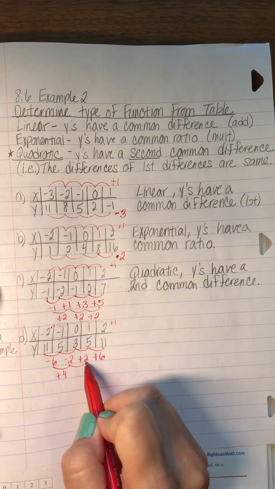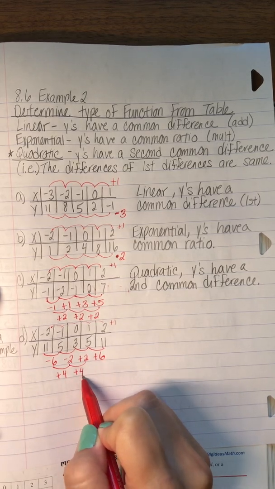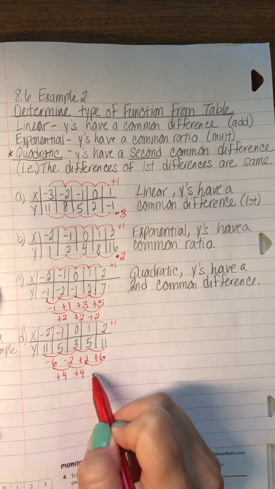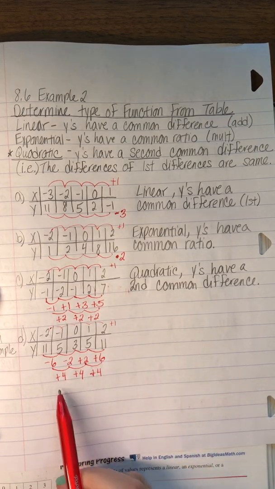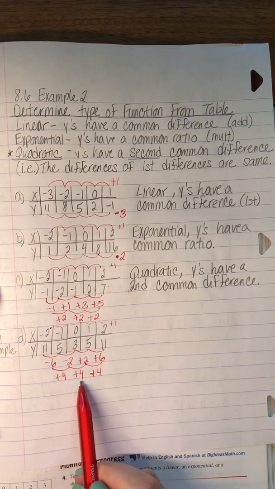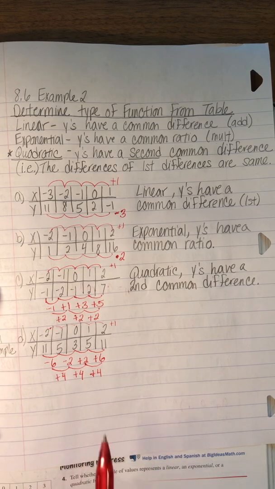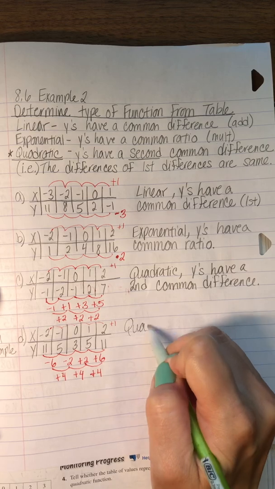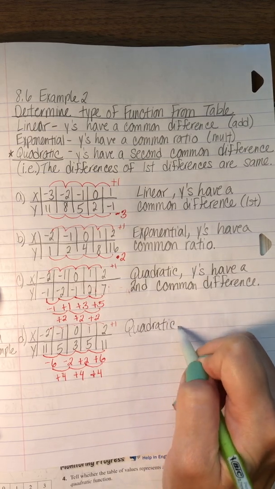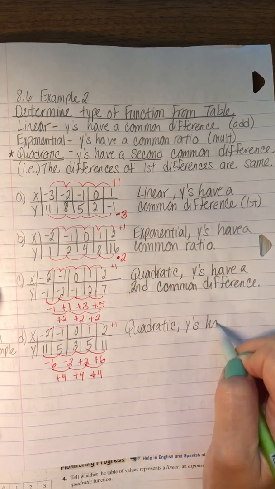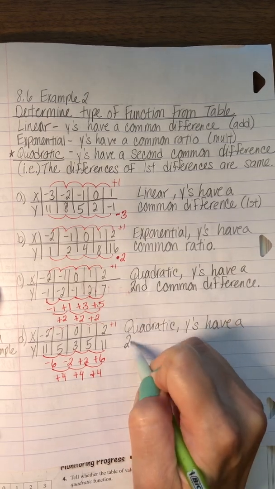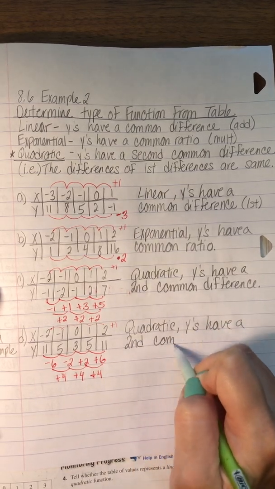From -2 to +2, you add 4. From 2 to 6, you add 4. So again, we can see that this is a second common difference, which makes this, again, quadratic. So again, this is a quadratic function because the y's have a second common difference.